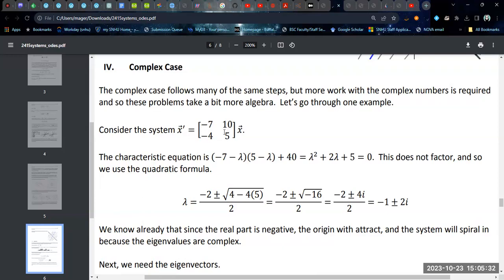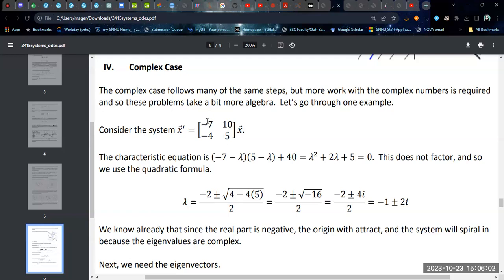Here, rather than write my differential equations as the derivative of x1 over dt and the derivative of x2 over dt, and then write out all the equations, I've simply started in matrix form, because we're always going to have to put it in this form and then work from the matrix form to find our eigenvalues and eigenvectors and so on.